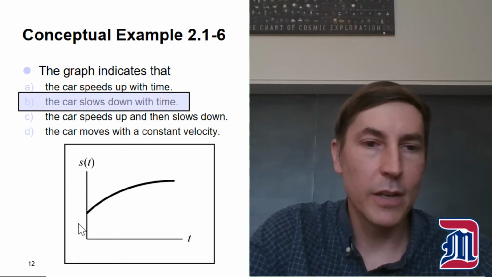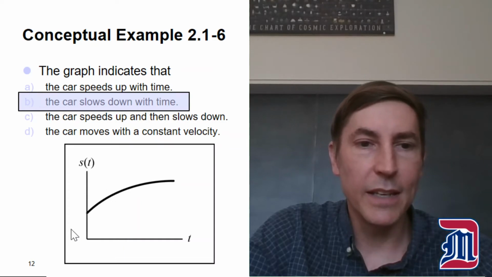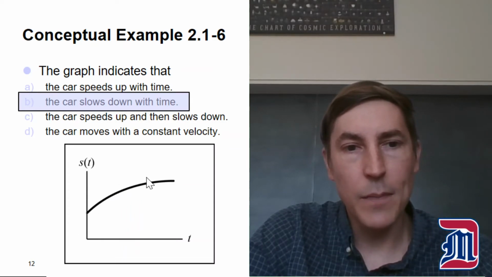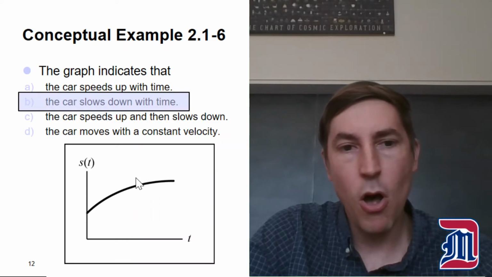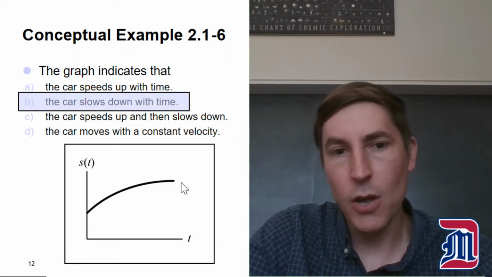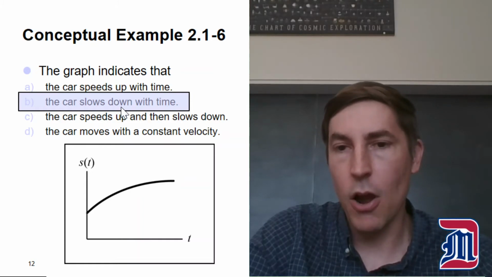If we look, the slope initially is something like that, and then the slope becomes progressively smaller, progressively flatter as time progresses. And so the fact that the slope is getting smaller indicates that the car is slowing down.